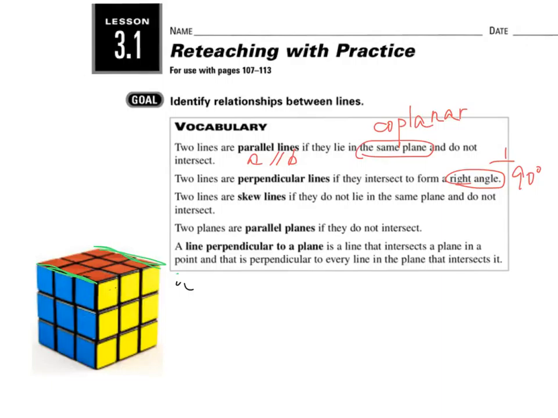But notice that if I call this A and call this B, and then this line here, if I call this one line C, C and B would be perpendicular because there is a 90 degree angle in the corner there. So I can write A is parallel to B and B is perpendicular to C.